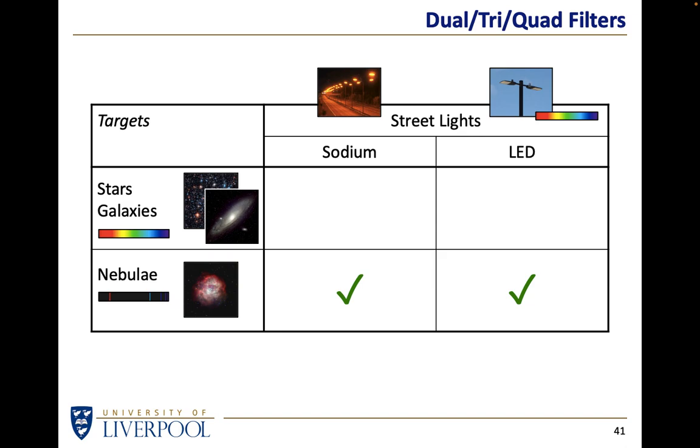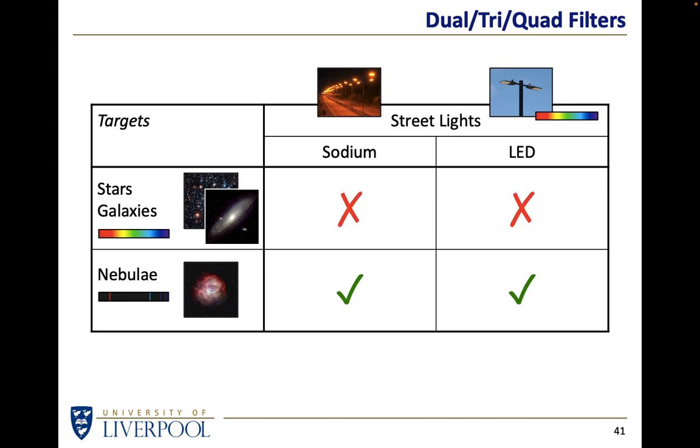Of course, it's great for nebulae because it is letting through the light that nebulae emit and effectively killing everything else. So it'll kill the moon, it'll kill twilight, it'll kill streetlights, it'll just give you the nebula and a little bit of background as well. And there's no point in using those filters for anything else.